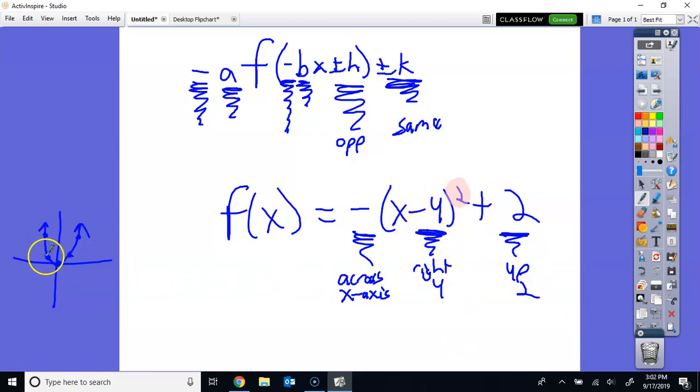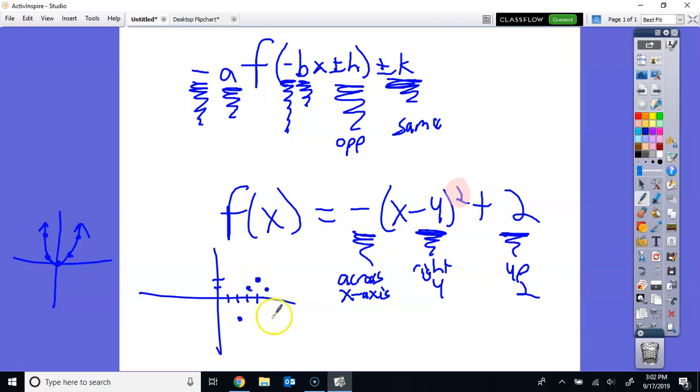So then I could take this graph, I could flip it in my head or on paper. I can move it right 4 in my head or on paper. And then I can move it up 2. And so I know my graph is going to be right 4, up 2, and it's going to be opening down.